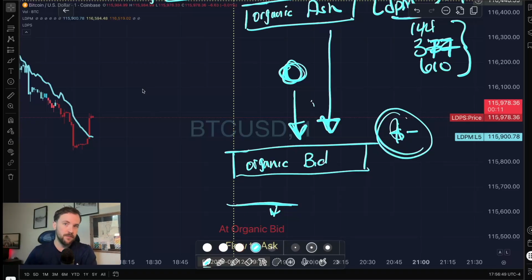But in the near term, the structural and functional consequence of the organic bid realizing they're the keys to the kingdom is that the price is likely going to fall, and it may fall substantially, until someone changes their mind. Usually an eager bid walks in and starts outbidding the organic bid.